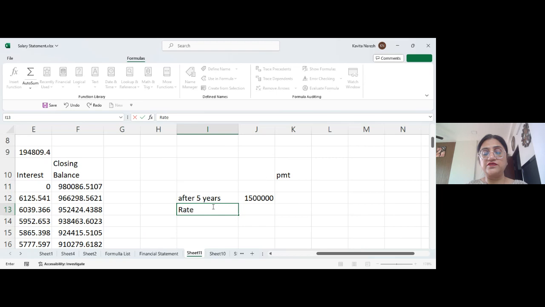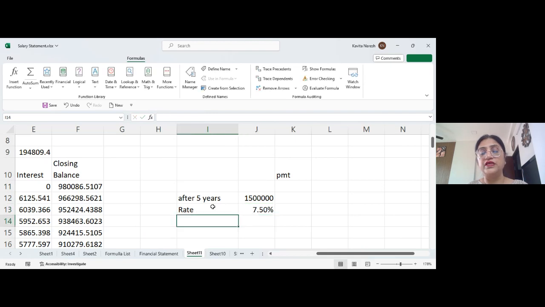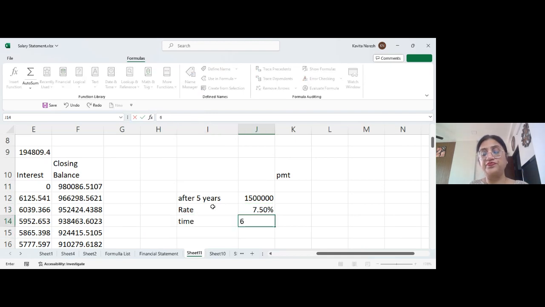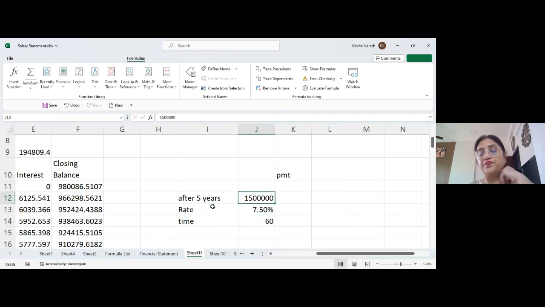The rate provided by the financer is 7.5%, and the time is 60 months. Now I want to know how much I should save every month so that I get 15 lakh rupees after 5 years. So just give me the answer.